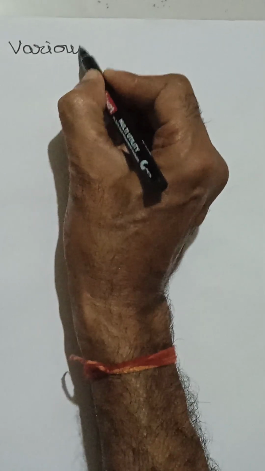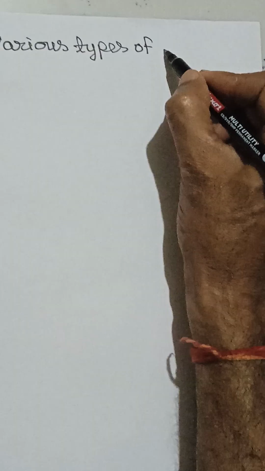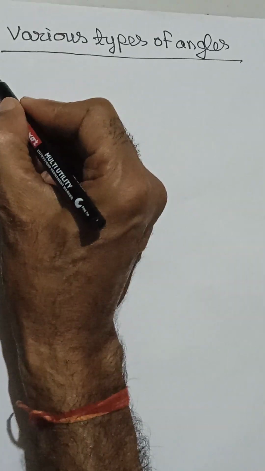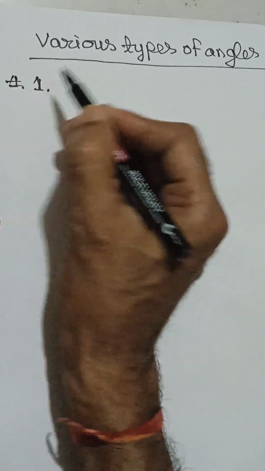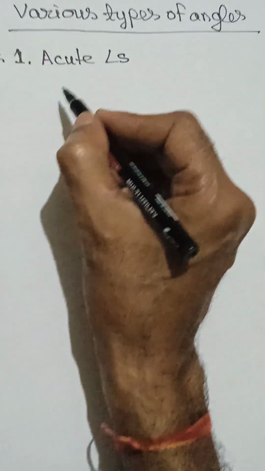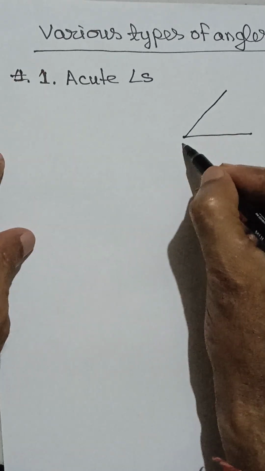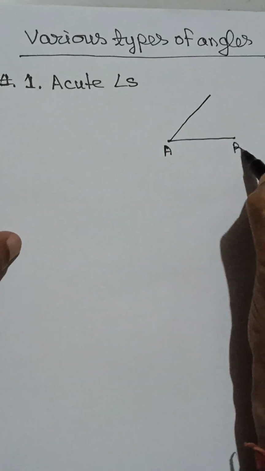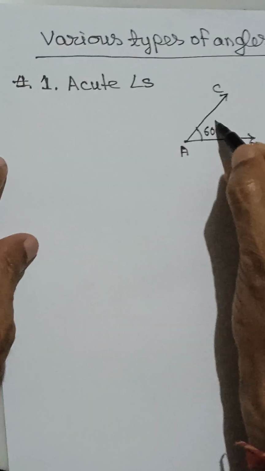Now we'll see various types of angles. First is the acute angle. This is an example of an acute angle. Here it is A, here it is B, here it is C. Suppose this angle is 60 degrees.